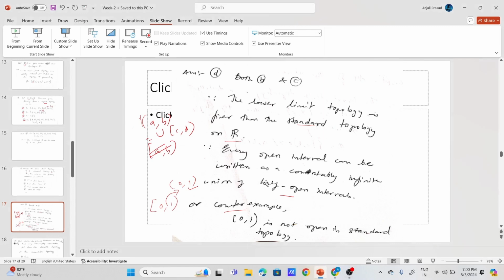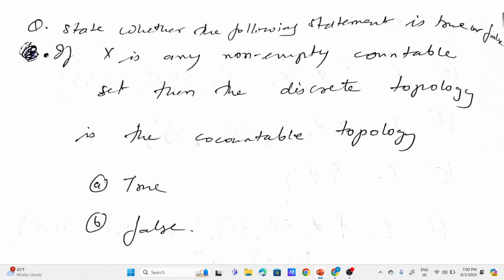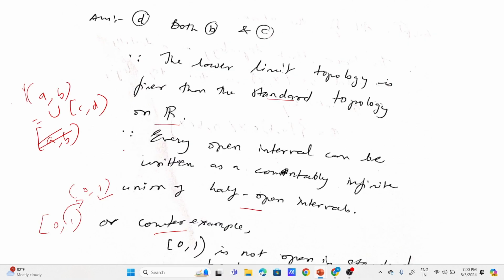You can even think in the form of a basis. Or simply, as you said, take the intervals of kind closed [a - 1/n, b) open. So its arbitrary union over n, where n belongs to the natural numbers, will be what? It will be the open interval (a, b).